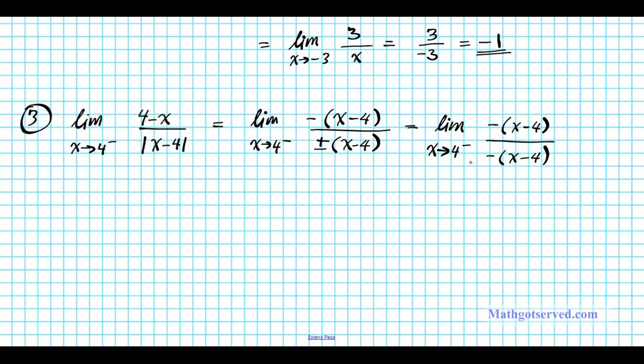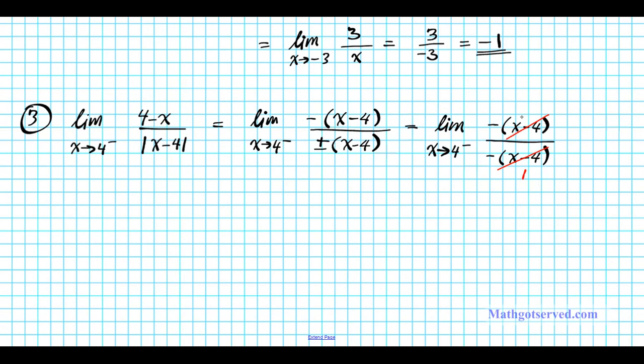Now, let's see. We can reduce this, can we not? Yes, we can. Another thing to note is that had we plugged in 4 directly into the original problem, we'll have a 0 in the denominator, which we cannot simplify. It looks like an undefined expression. So that's why we had to do all this work of simplifying as much as we can. Okay? So let's cancel out the x minus 4s.